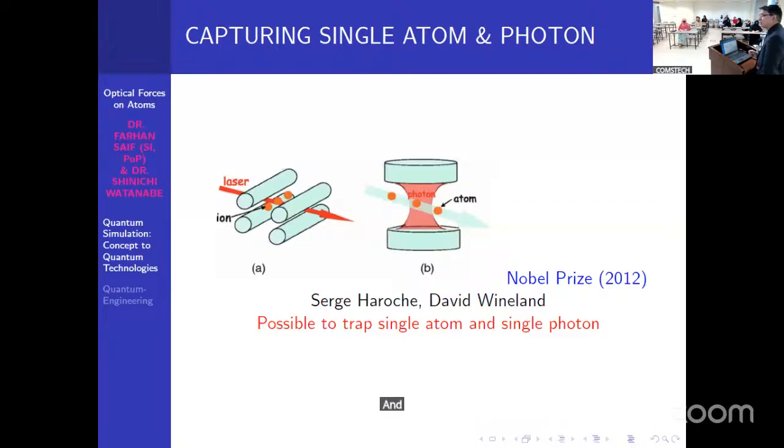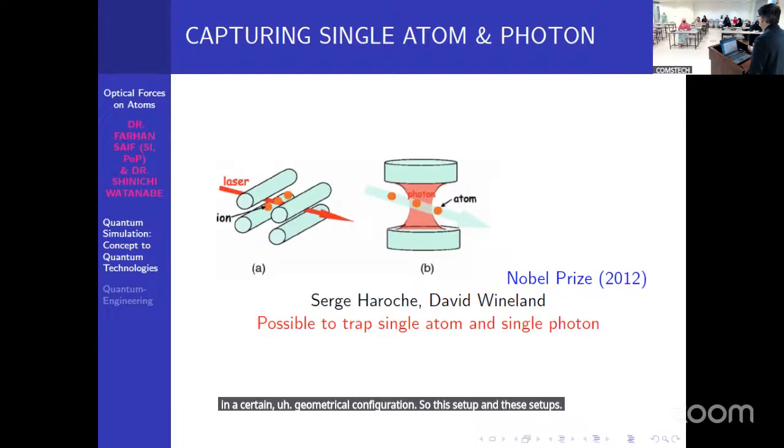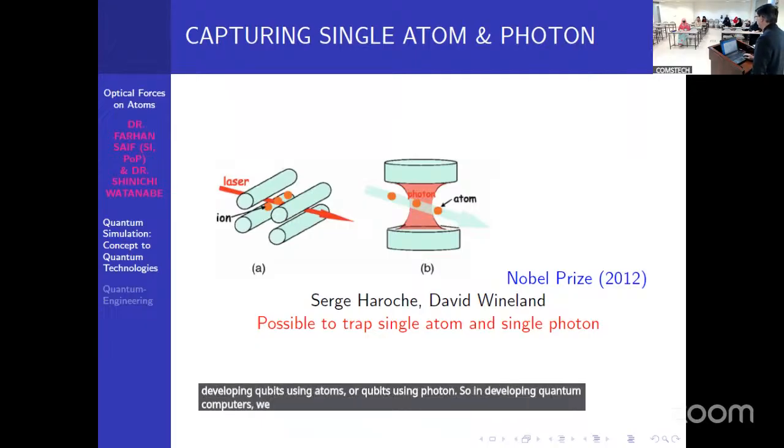In our present-day laboratory setups, we have the possibility to trap single atoms in a cavity, or even a single photon in a certain geometrical configuration. These setups are very helpful when we talk about developing qubits using atoms or photons. In developing quantum computers, we use these cold atoms very often.